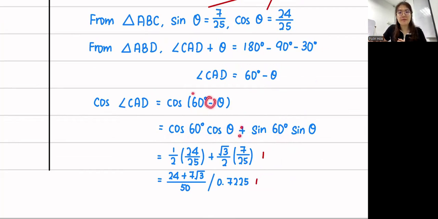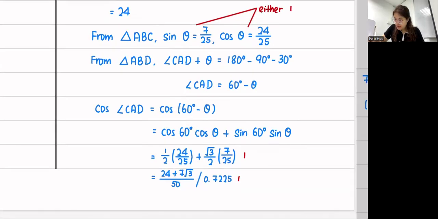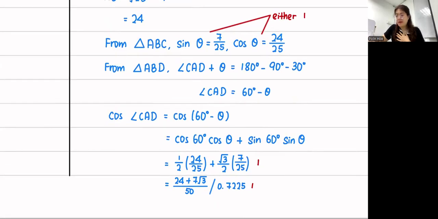Minus, change to plus. Okay? Cos 60, sin 60, you have to draw out the special angle lah. Cos 60 is equals to 1 over 2. Sin 60 is equals to root 3 over 2. These two are special angle. Okay, and then cos theta, sin theta.